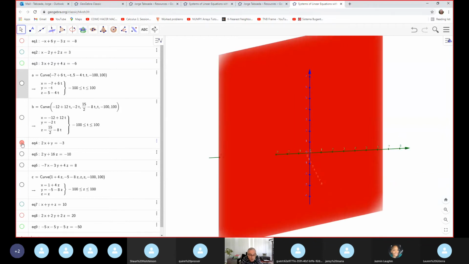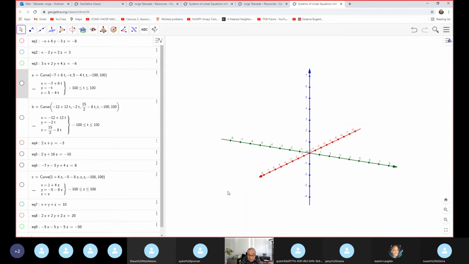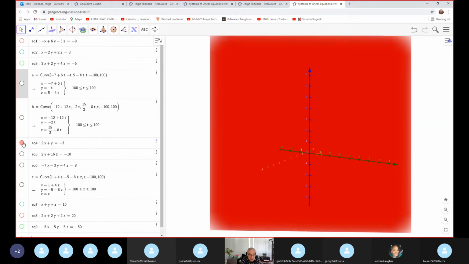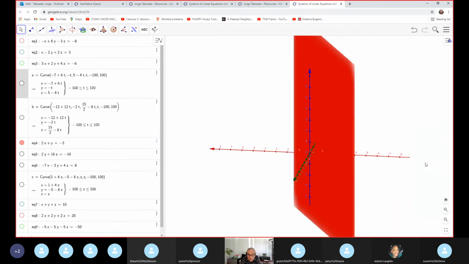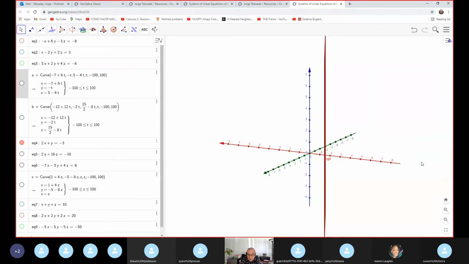Maybe I forgot to say that the red axis is the x, the green axis is the y, and the blue axis is the z. So when z is missing in this plane, it is because this plane is parallel to the z-axis.